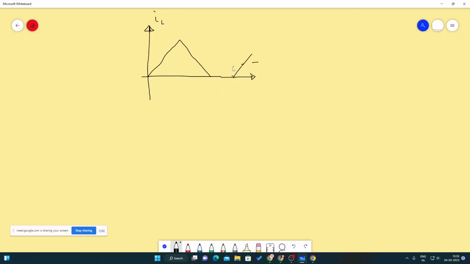Let's say this is the average, and this is delta IL.